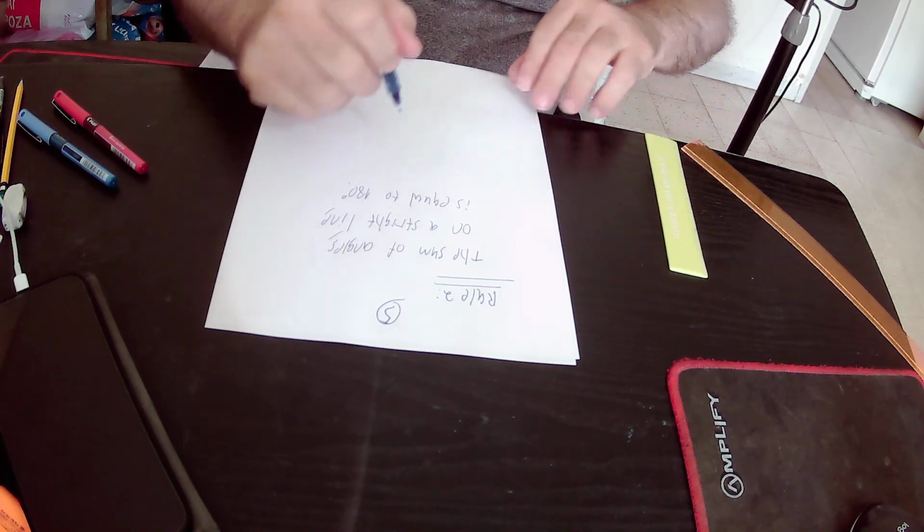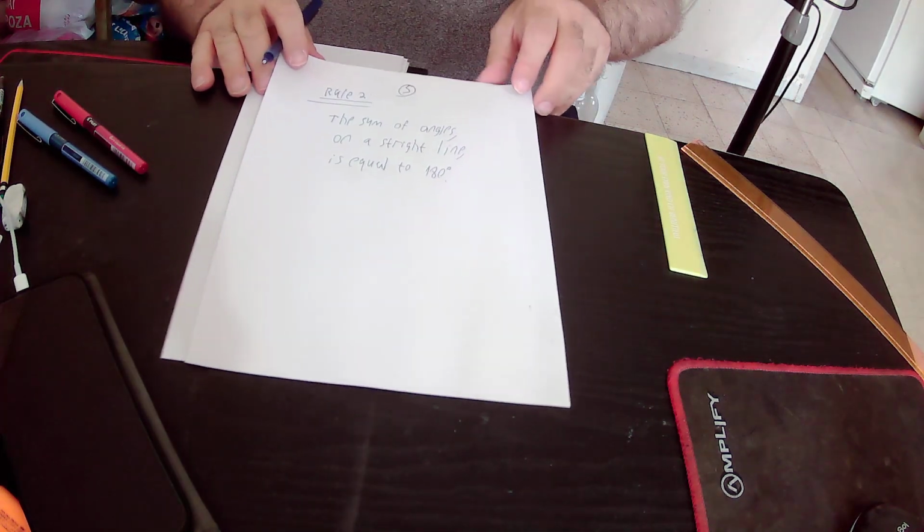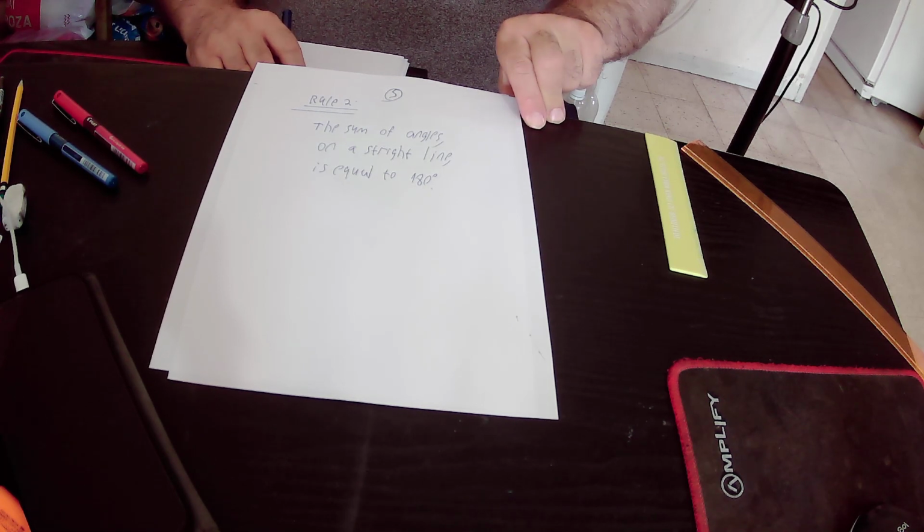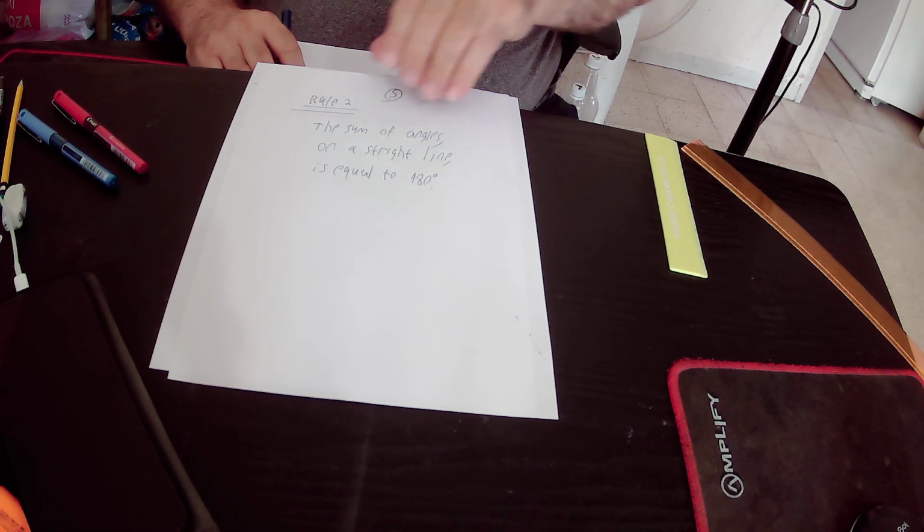So I will read rule number 2 again. Rule number 2 states that the sum of angles on a straight line is equal to 180 degrees.